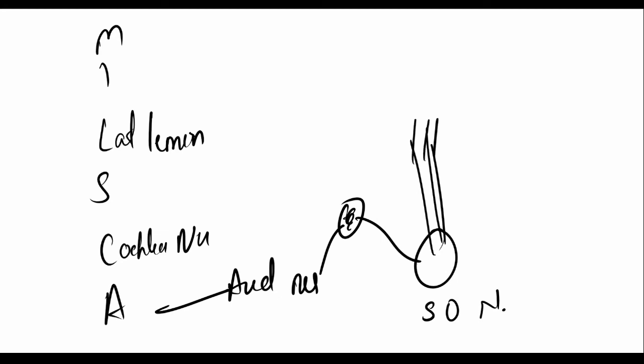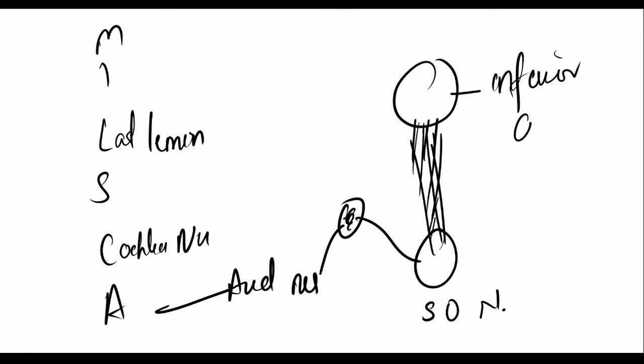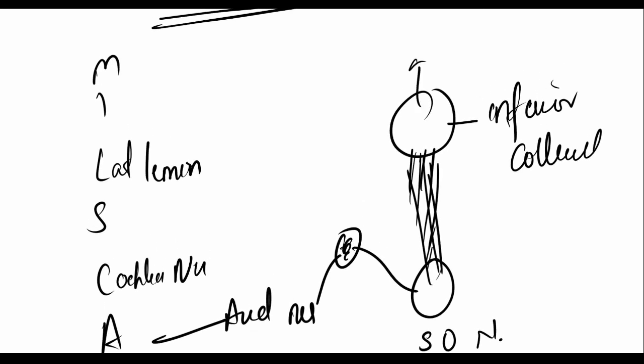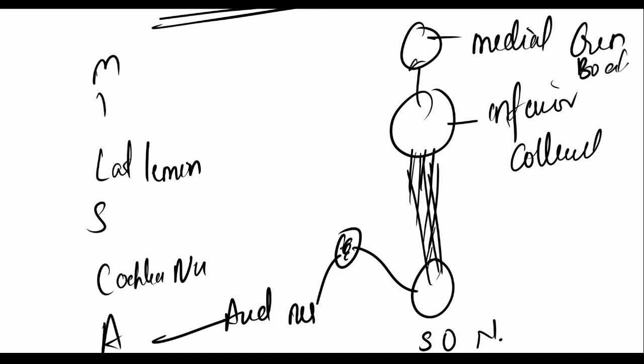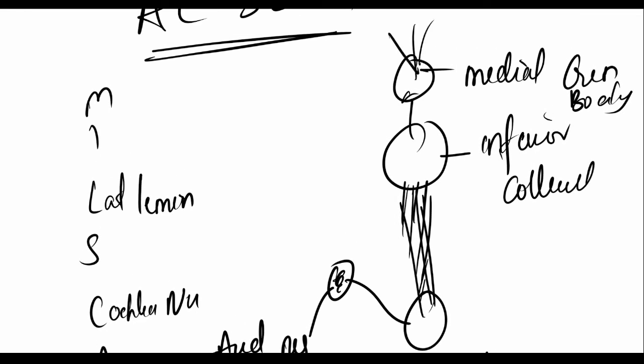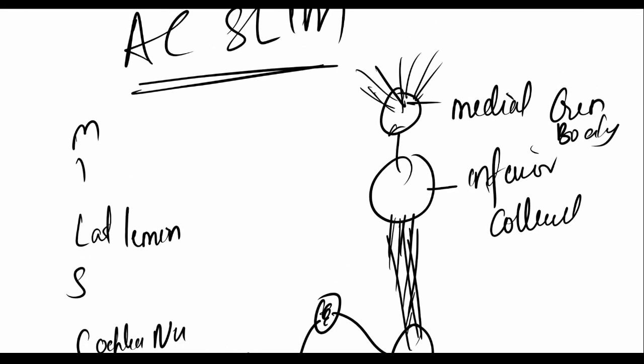Okay, this is the lateral lemniscus through which it is ascending to the I, which stands for inferior colliculus, and finally to the M for medial geniculate body, from where the fibers pass on to the auditory centers, so Broca's area and all. This is the entire auditory pathway.